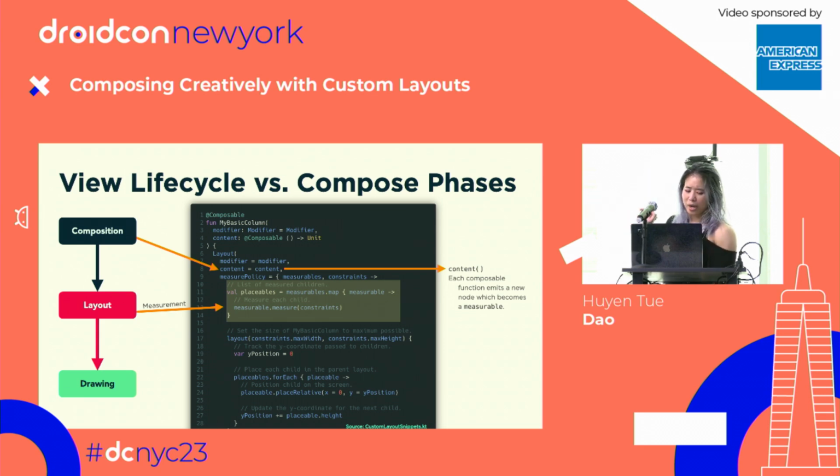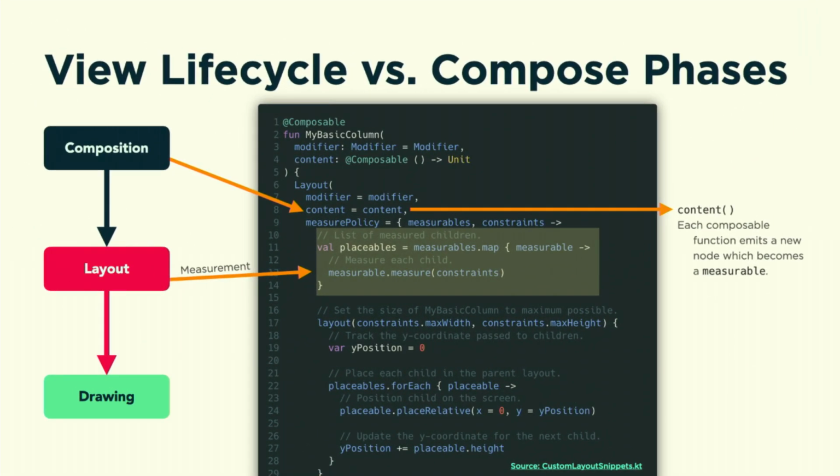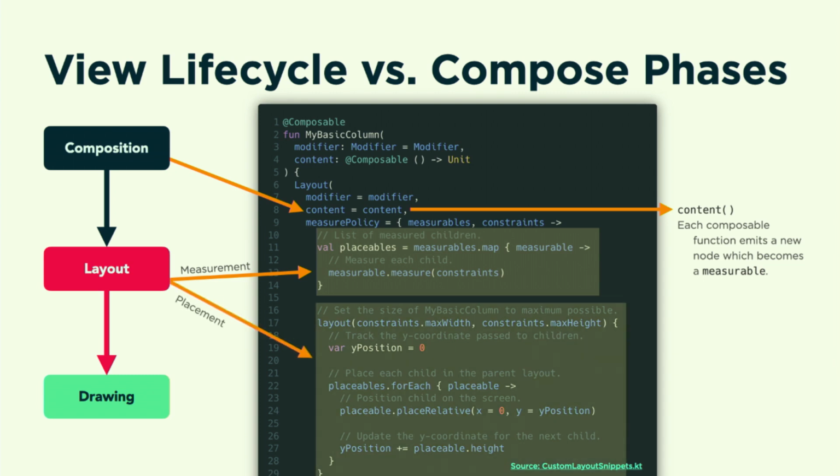When you are measuring, you take these measurable instances, call measure on them, and pass them constraints. You get back placeables, and there is your measurement, the measurement portion of the layout phase. And placeables are just like measurables. They're an interface that says, hey, Compose can place these somewhere, which I really love thinking about.